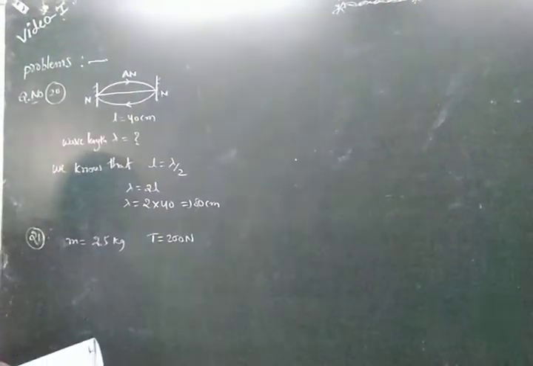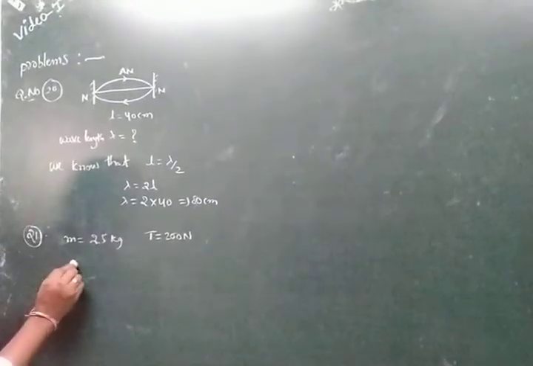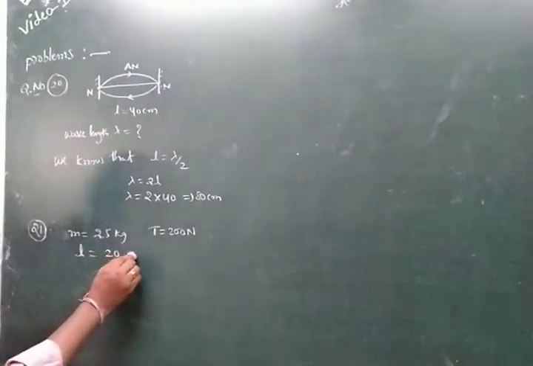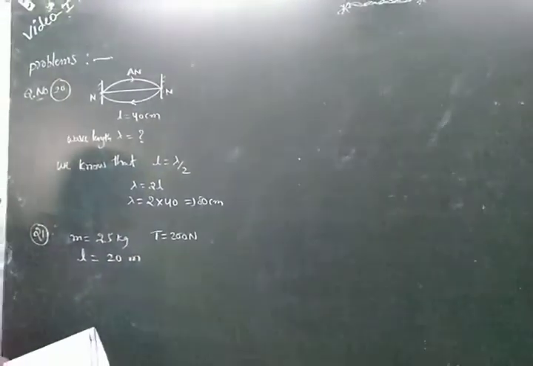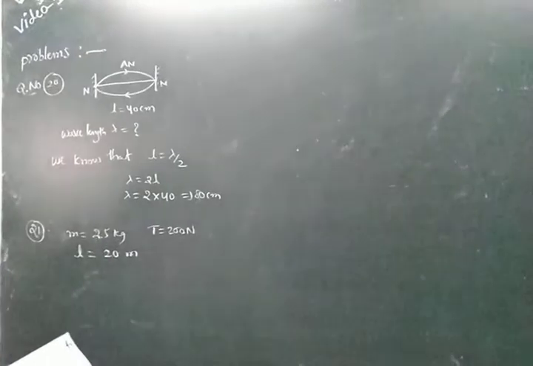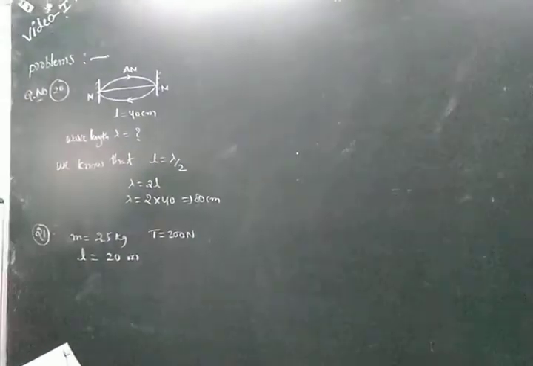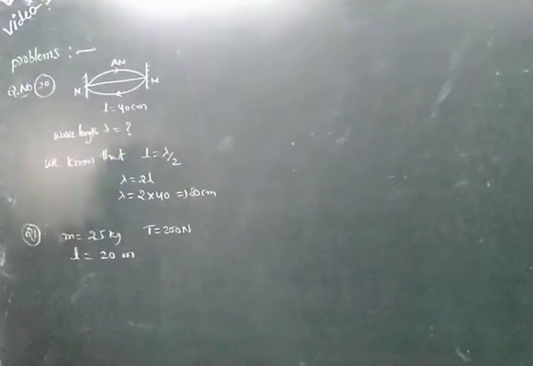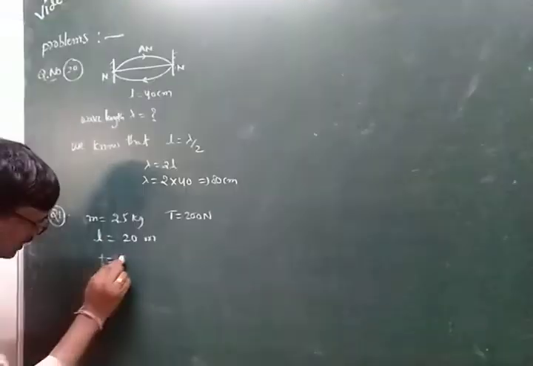The length of the stretched string is L equal to 20 meters. If a transverse jerk is struck at one end of the string, how long does the disturbance take to reach the other end? See how much time is taken.